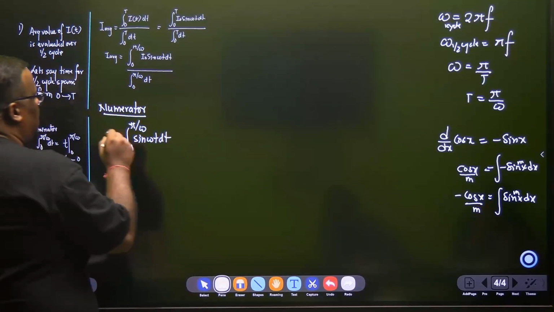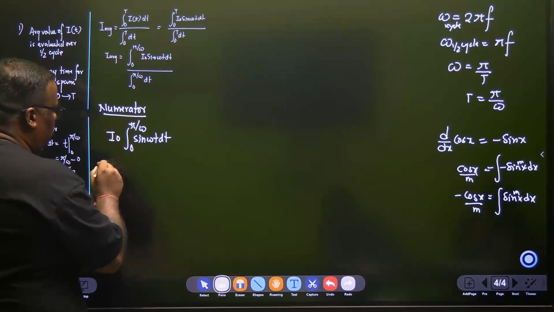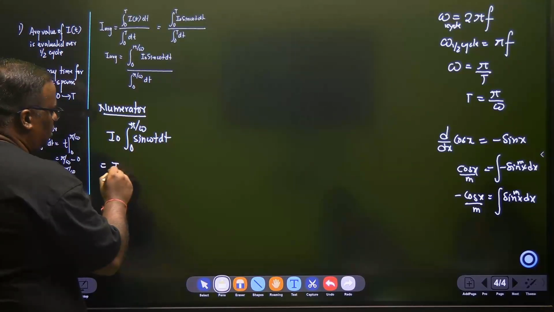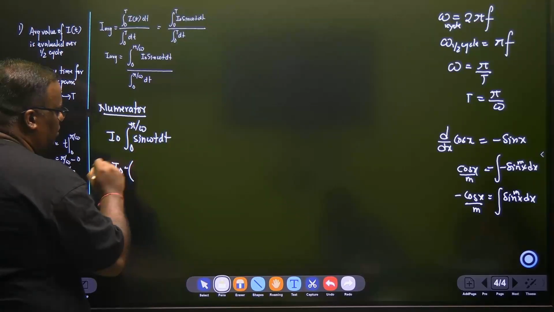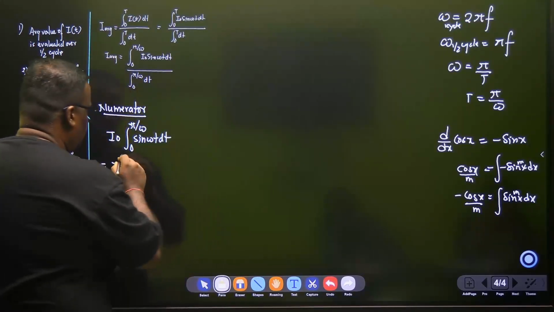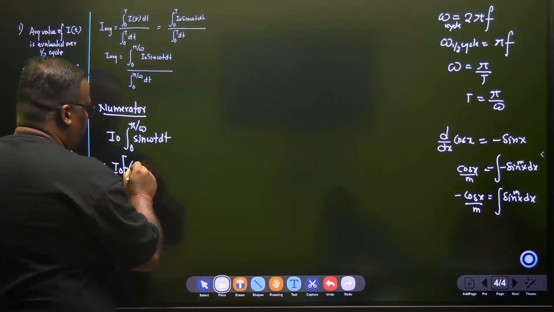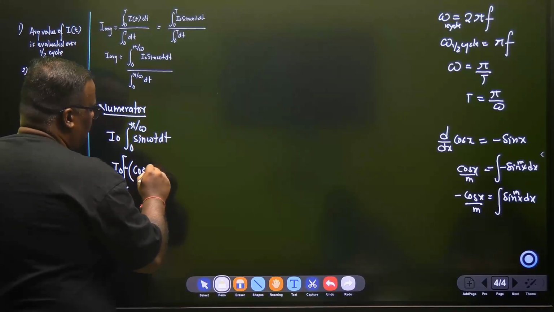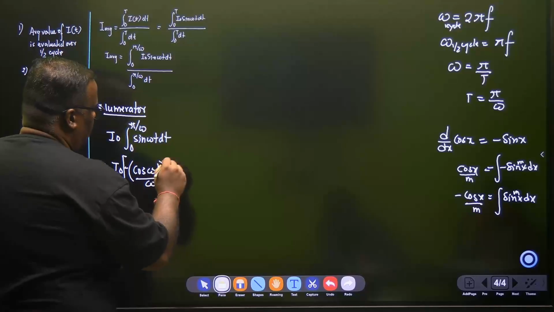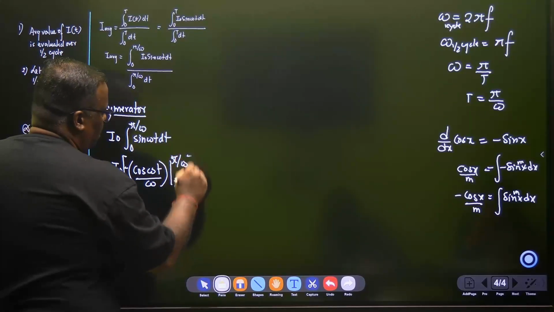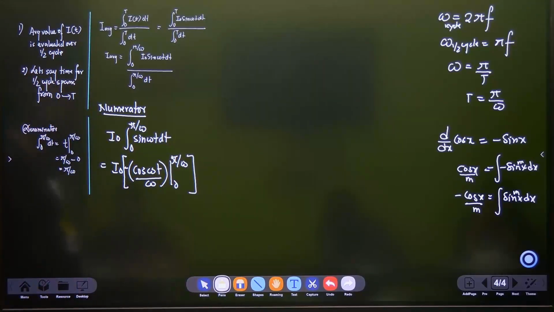I would say that my numerator's integration will give me I naught, then sine omega t means a negative comes out here, right? So I'm taking I naught times negative cos omega t divided by omega, with my limits set at 0 to pi by omega. Clear or not?